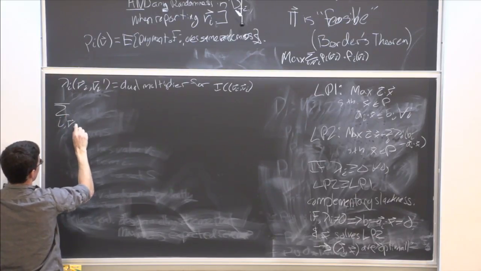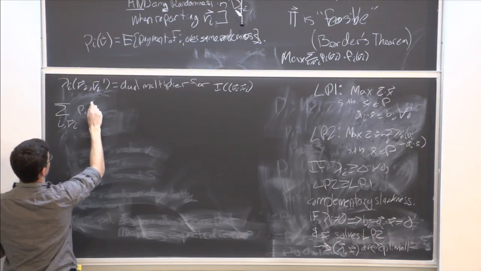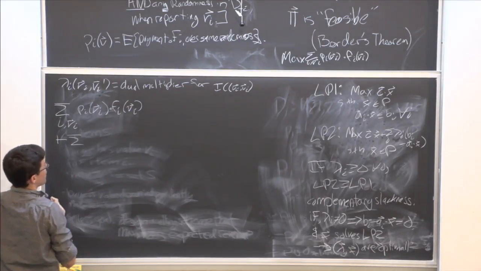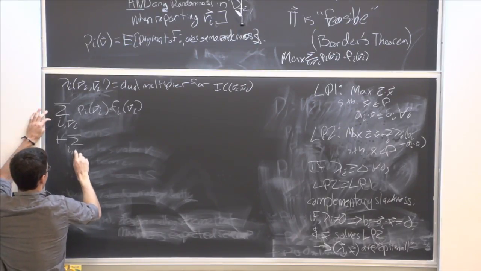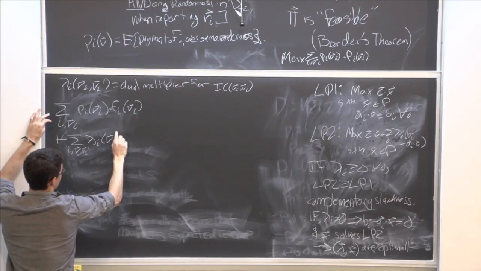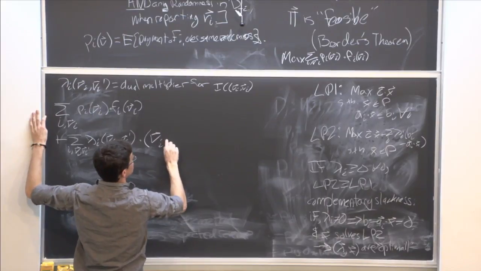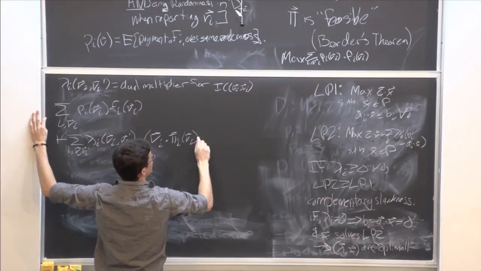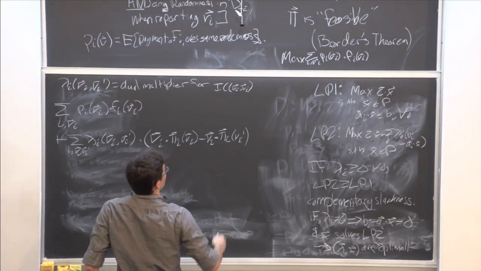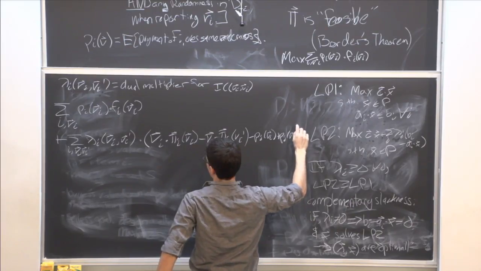It's the sum over all I, the sum over all vi, and the original objective is still there, so this is pi of vi, fi of vi, plus, now we have to sum over every incentive compatibility constraint, I, vi, vi prime, lambda I of vi, vi prime, times vi times pi I vi minus vi dot pi I vi prime minus pi vi plus pi vi prime.